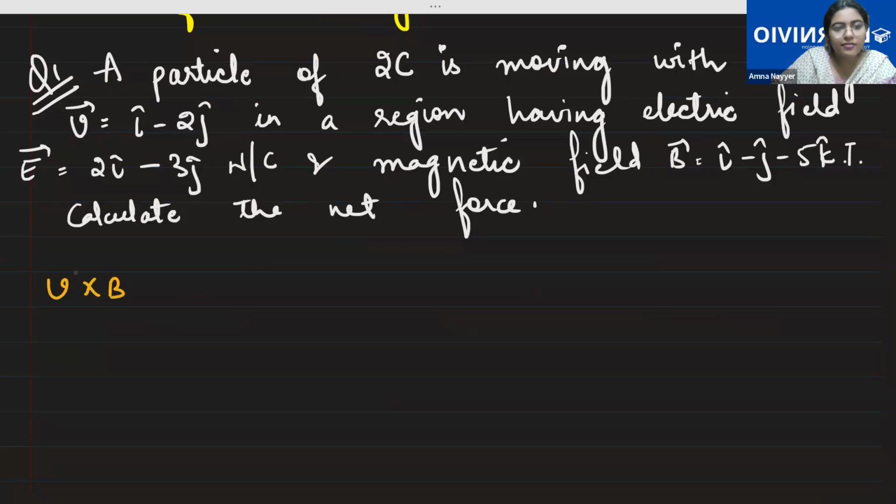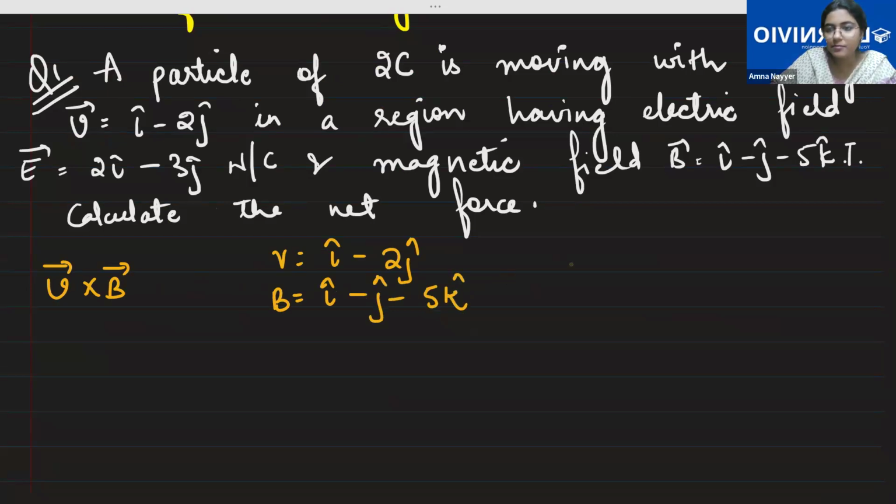So we have V cross B, let us calculate this first. V is i cap minus 2 j cap. So how do we solve the cross product? See, velocity is given as i cap minus 2 j cap. Magnetic field will be i cap minus j cap minus 5 k cap.